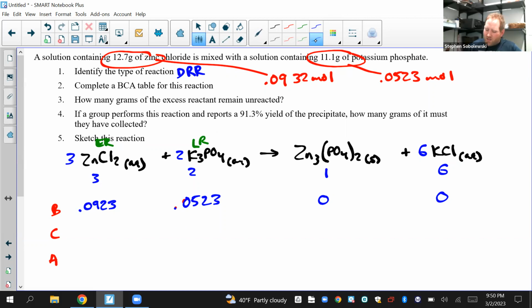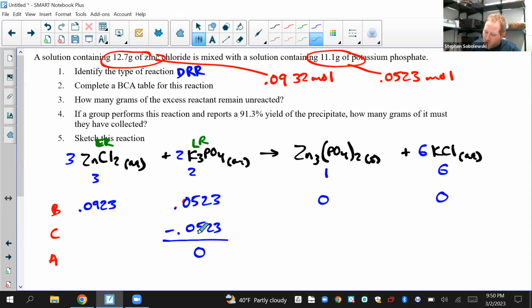Okay, the LR gets completely depleted, so minus 0.0523, leaving us with nothing. How much of the excess is going to react? Not all of it, and not this same amount. It's going to be a 2 to 3 ratio here, so 1.5 times more. In fact, I already just did that.